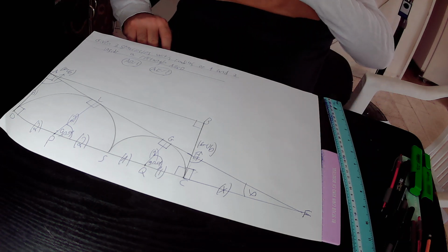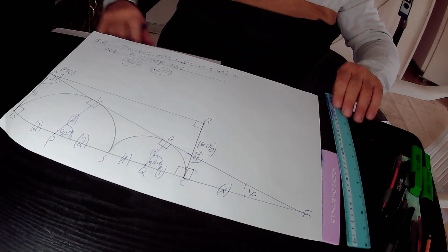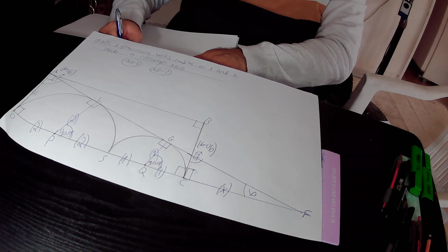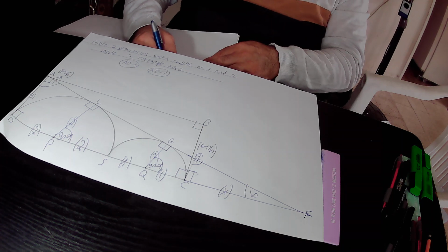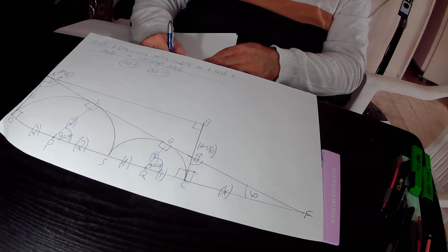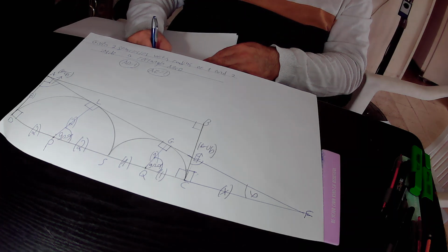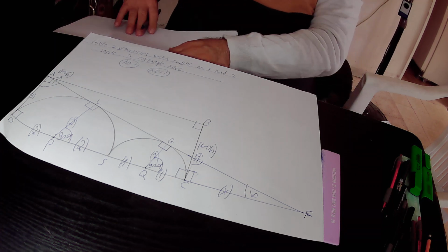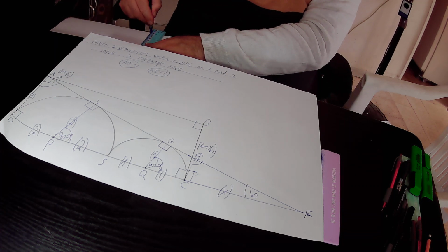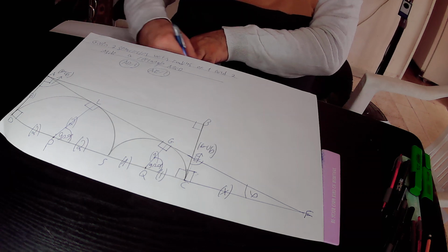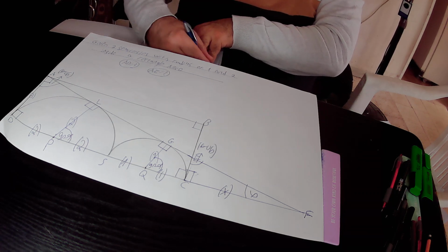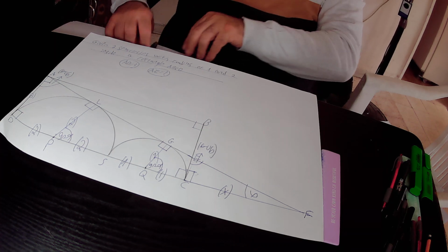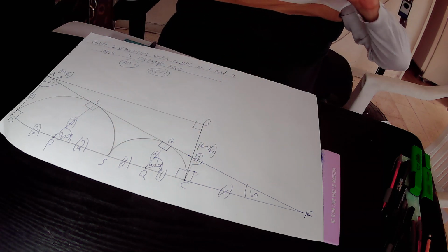So I'll write it down. So why are those two right triangles similar to each other?